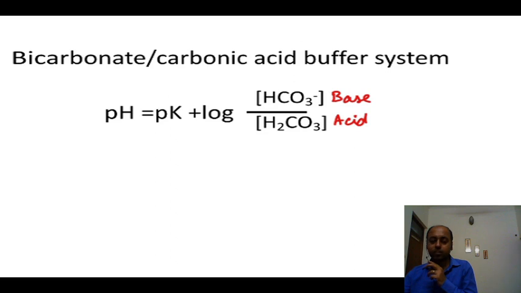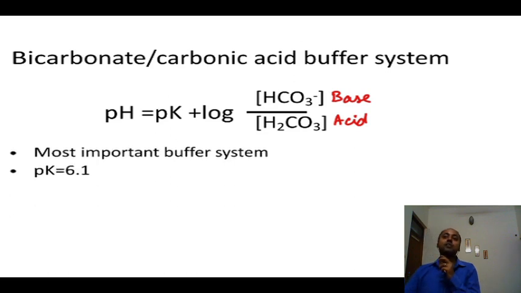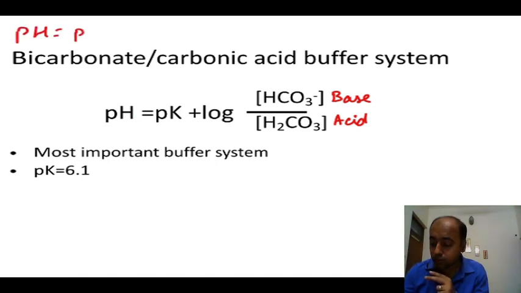now few things that you have to know. Number one, what is the pK of the buffer system? In this case the pK is 6.1. Now this is a very problematic value. We had said that the buffering action will be good if pH is equal to pK plus minus 1.